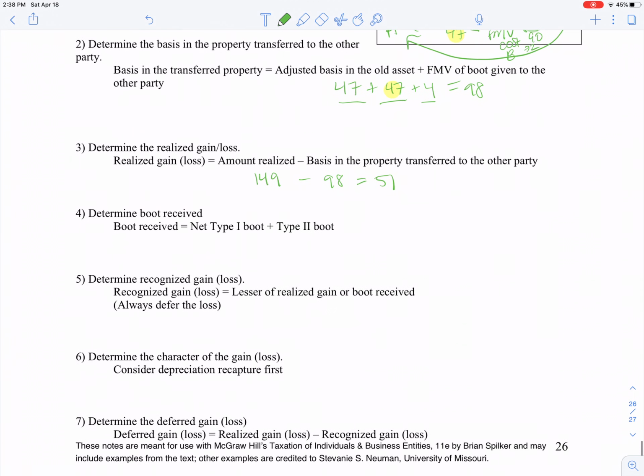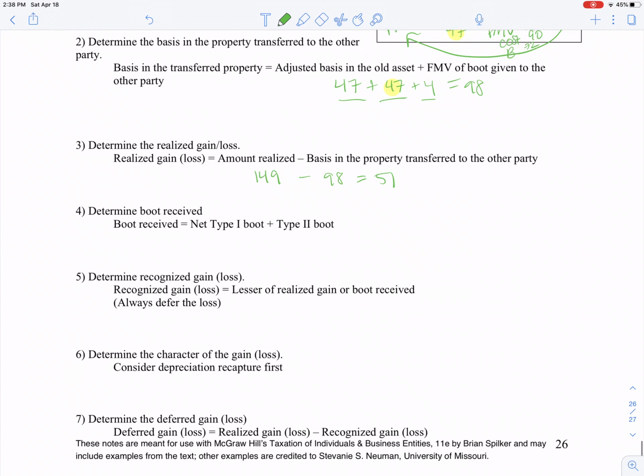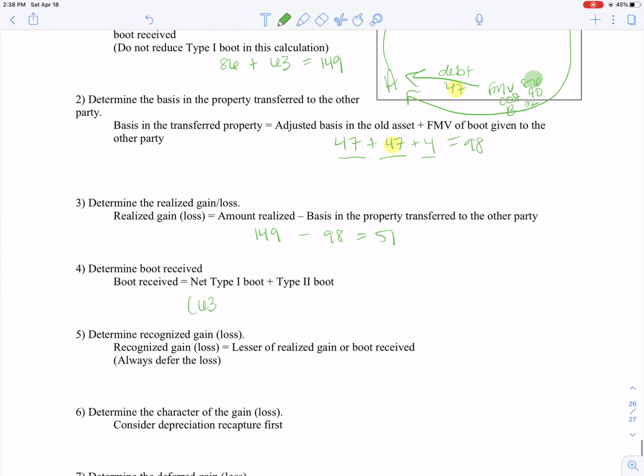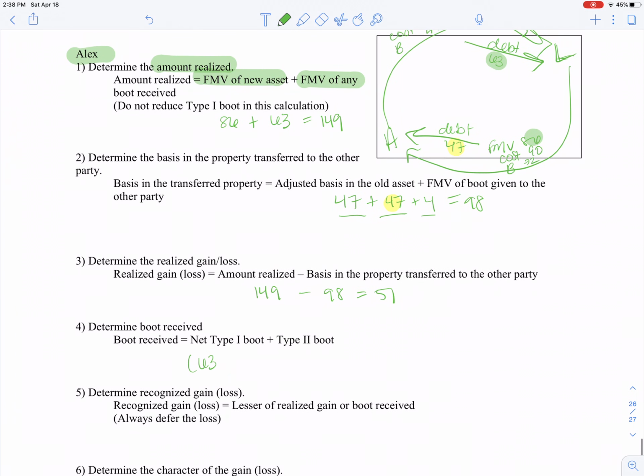All right, for number 4, the boot received. This is where we net the type 1 boot. So we have 63. That 63 are the liabilities that Laney is taking on, minus the 47 in liabilities that Alex is taking on, minus the 4,000 in cash. So we have 12 in boot received.